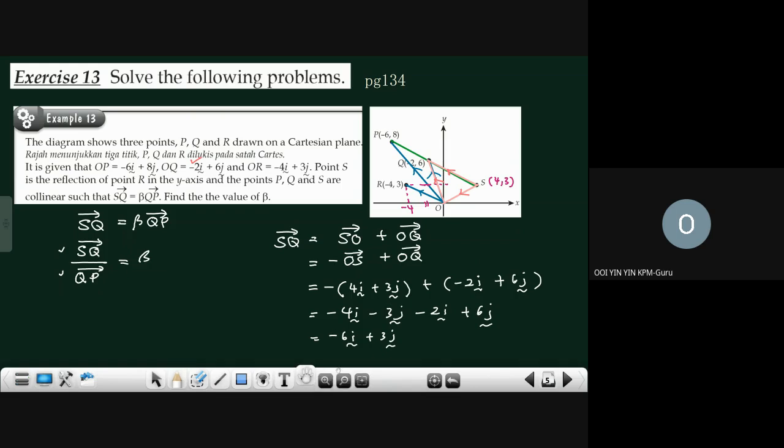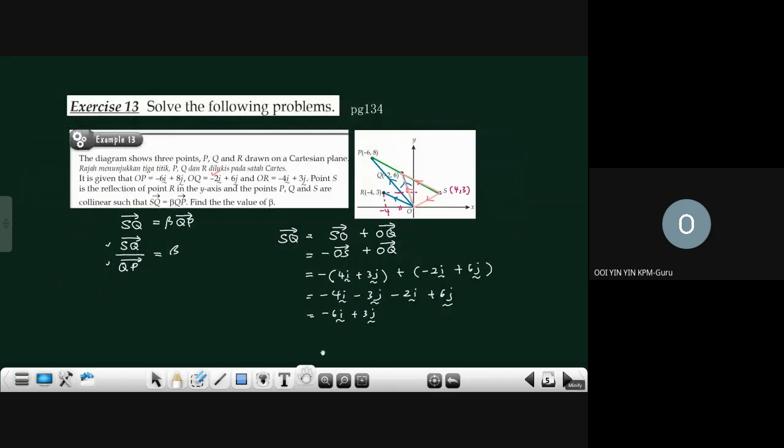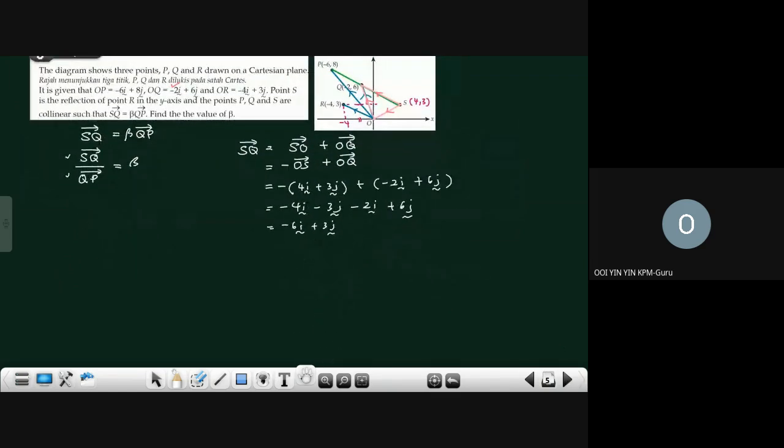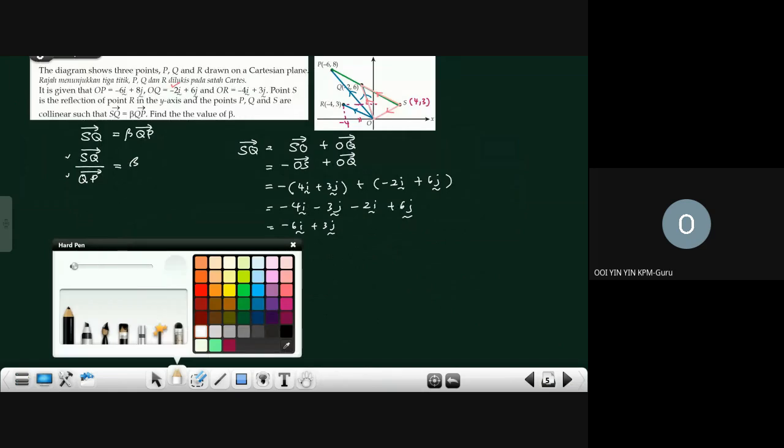Okay, you only have your SQ now, we need to find another one which is our QB. Okay, 现在我们要找 QB.